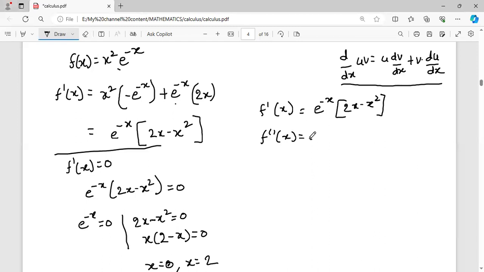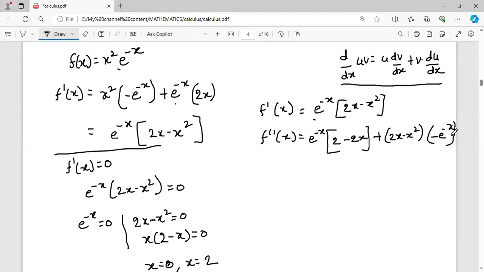So first term e power minus x into d by dx of the second term. What is the differentiation of 2x minus x square? That is 2 minus 2x. Plus the second term, 2x minus x square, into the differentiation of the first term, that is minus e power minus x.